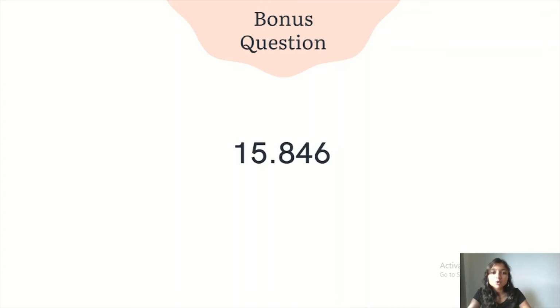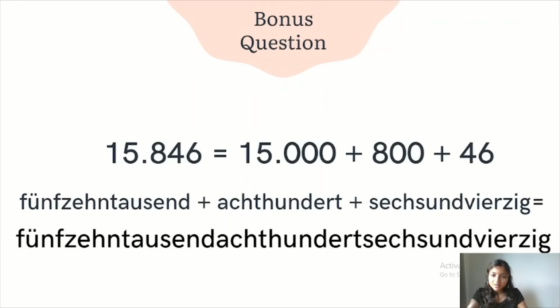Point is called as Punkt in Deutsch instead of comma. 15,000 plus 800 plus 46. 15,000 is called as zehntausend. 800 is called as achthundert. 46 is called as sechsundvierzig. So the whole number is 15.846.